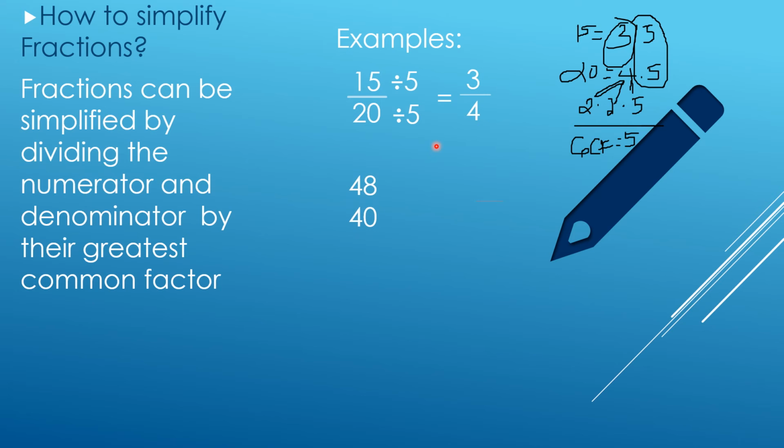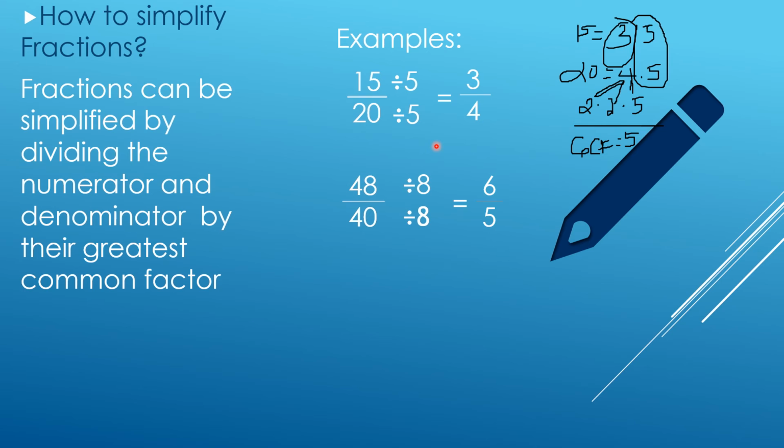Okay, what about 48/40? So, ngayon, matitest dito yung skills mo in multiplication. So, ayan, 8. 48 divided by 8, that is 6. And 40 divided by 8 is 5. Minsan, hindi naman kailangan na agad-agad makuha mo yung greatest common factor.